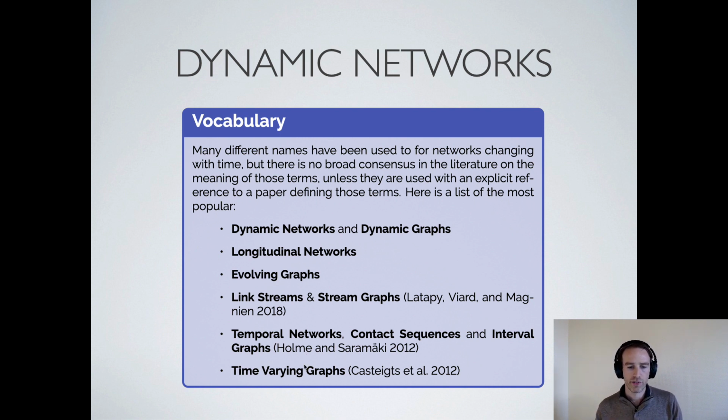And you have time-varying graphs also proposed in this paper. So when you use a name like temporal networks, you should really anchor it in this paper if you want to use their formalism. If you don't, we will assume that you will introduce your own definition of how you represent the dynamic network.